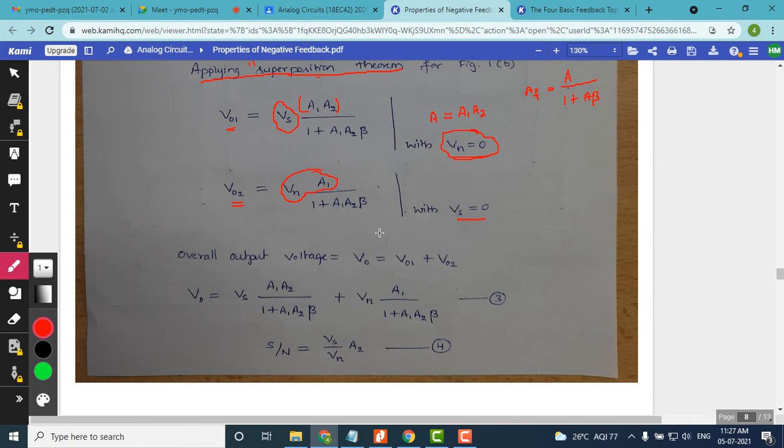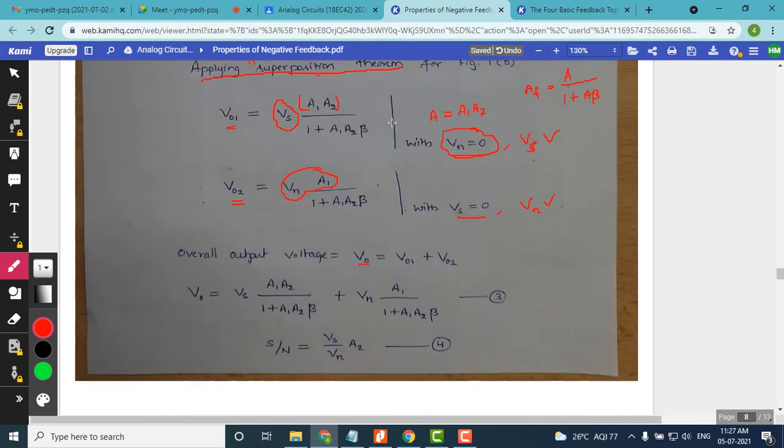According to the superposition theorem, for the two conditions, Vn 0 with Vs acting alone, and Vs 0 with Vn existing, we have labeled the output voltages V01 and V02. These two get added up, and the overall output voltage is V0 equals V01 plus V02.